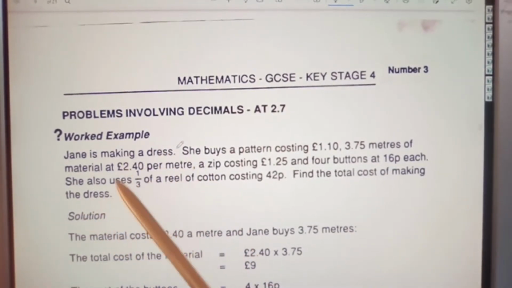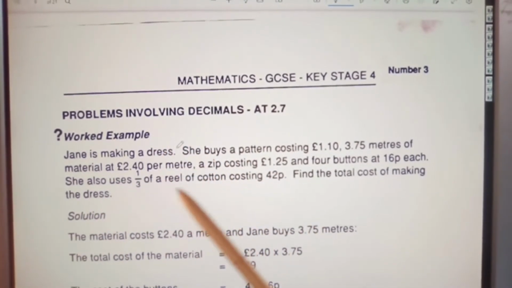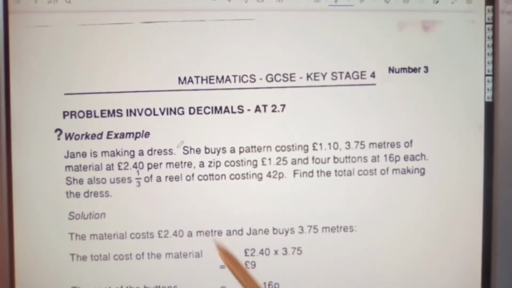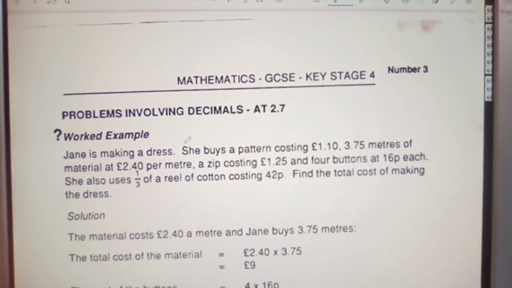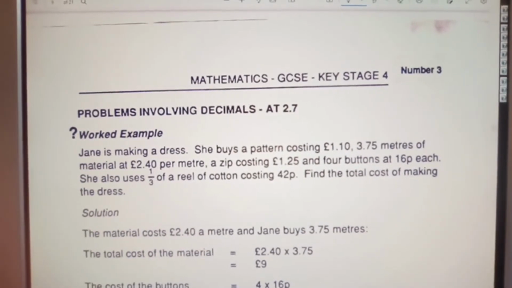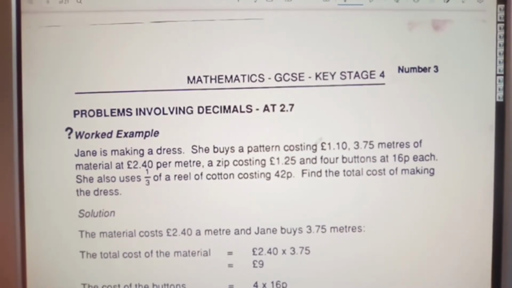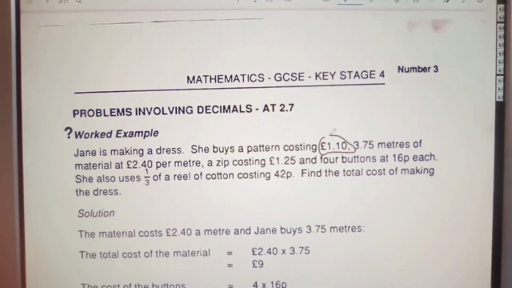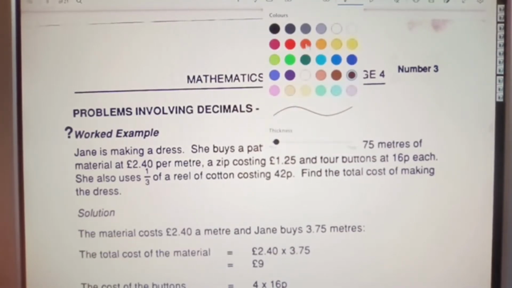Okay, so what we need to look at here is extracting the information that we have. What have we been given? We have been given this cost here at £1.10, and let me change my colors so we can keep track.